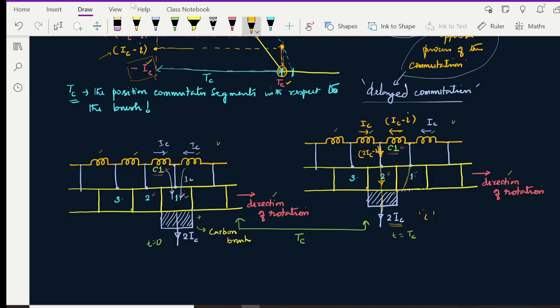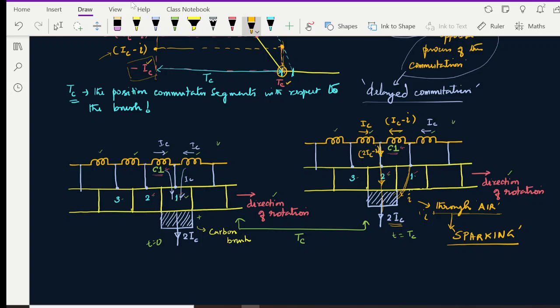So that particular current I tries to reach this brush through air, and a current flowing through air and reaching the brush makes sparking.